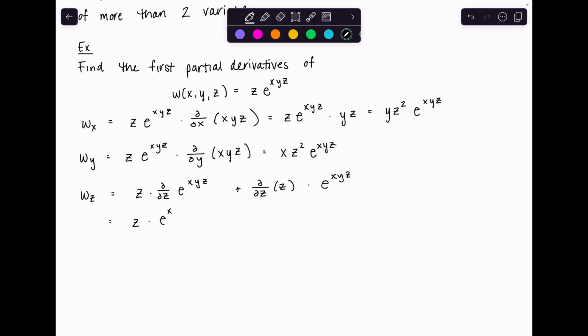Derivative with respect to z is, again, the exponential itself. And then chain rule tells us I've got to take the derivative of the exponent. And then here, derivative of z is 1. And then e to the xyz stays put. So derivative of this is just going to be these constants, x and y, attached to it. So this becomes xyz e to the xyz plus 1 e to the xyz.